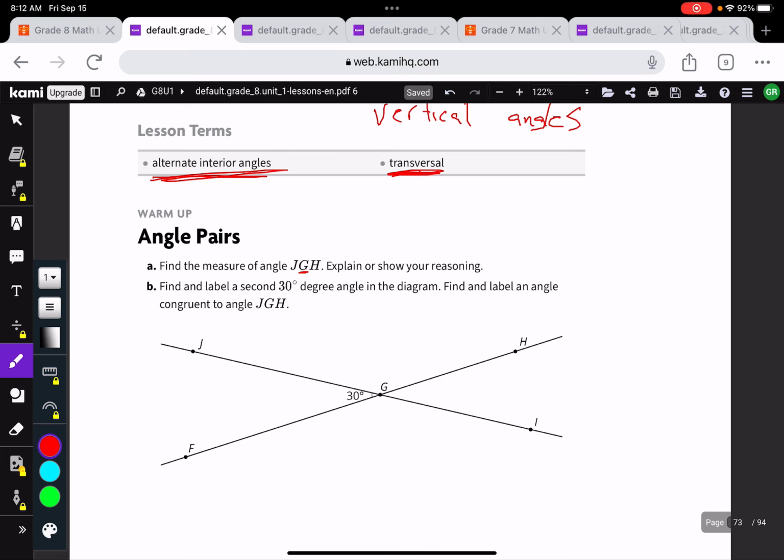Step 2, letter B: find and label a second 30-degree angle in the diagram. Find and label an angle congruent to angle JGH. So go ahead and take a minute to try to do that on your own. You can pause this video, and when you're done, unpause it and we'll see how you did.